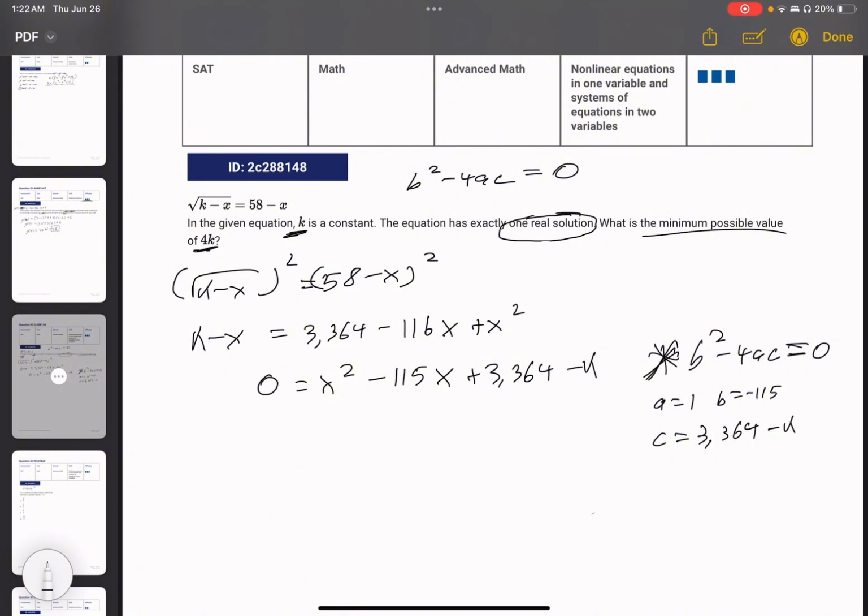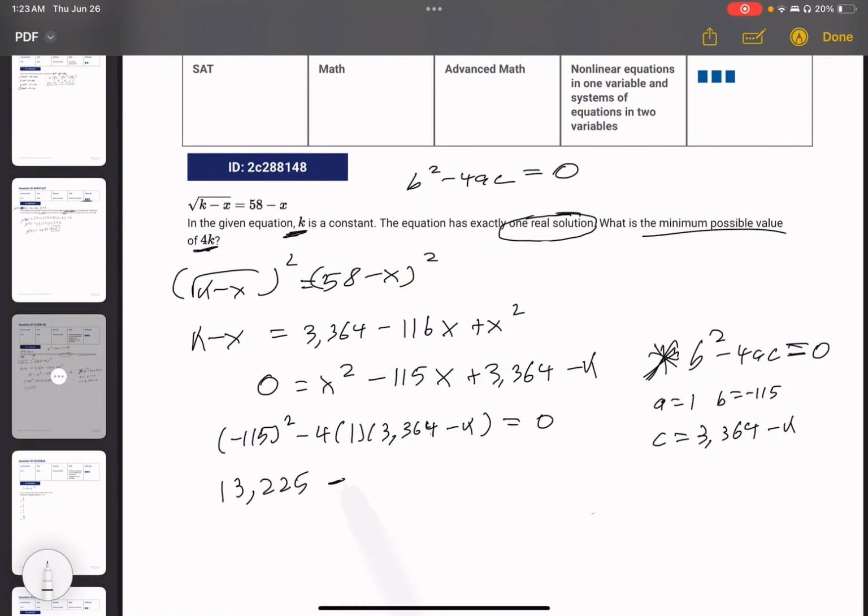So in our formula over here, we're going to have negative 115 squared minus 4ac. Sorry, c is minus that k too, is equal to 0. So we have 115 squared is equal to 13,225.